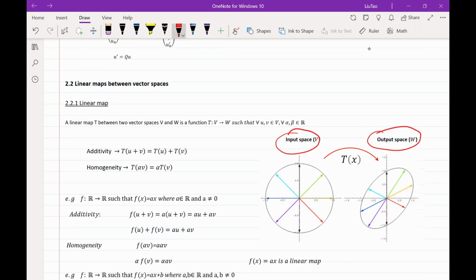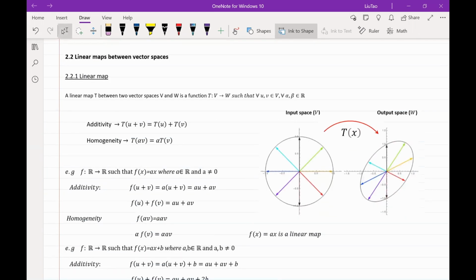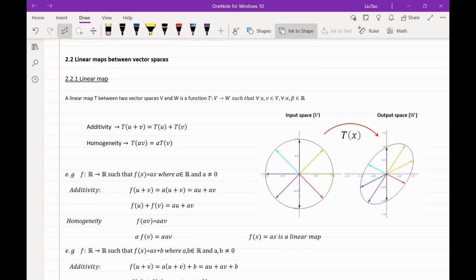For example, in order to visualize, if we have a unit circle here, and after transformation this unit circle becomes an ellipse, this is a transformation. This is a linear map. Later on, we can call it a transformation.